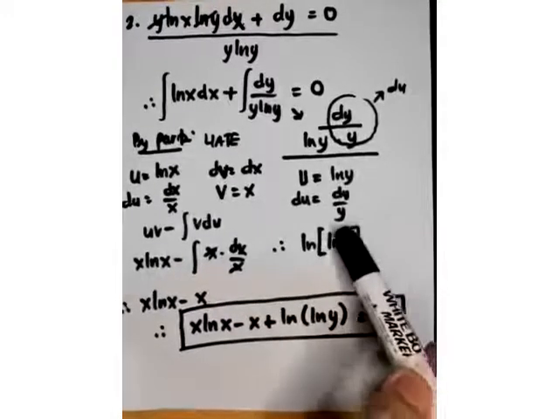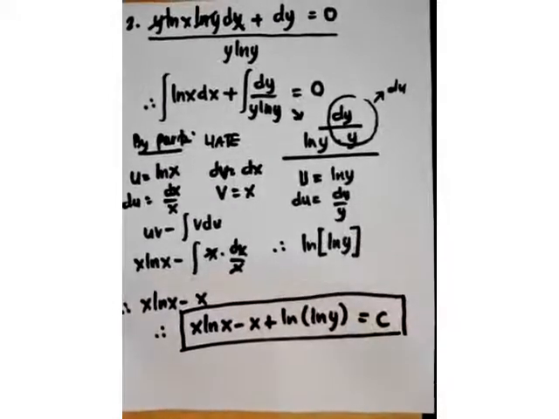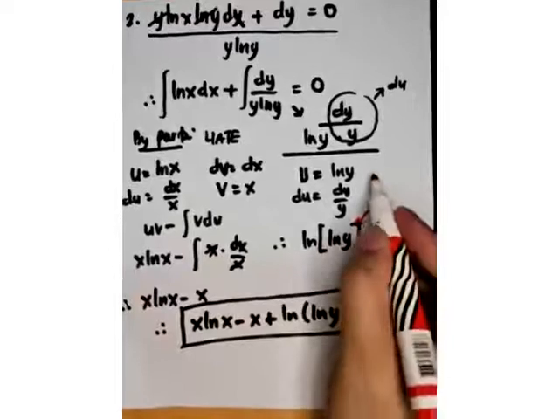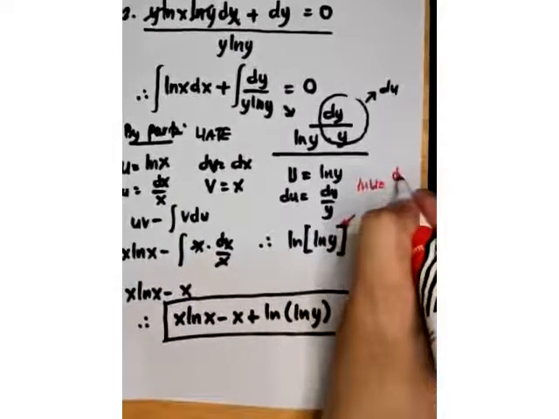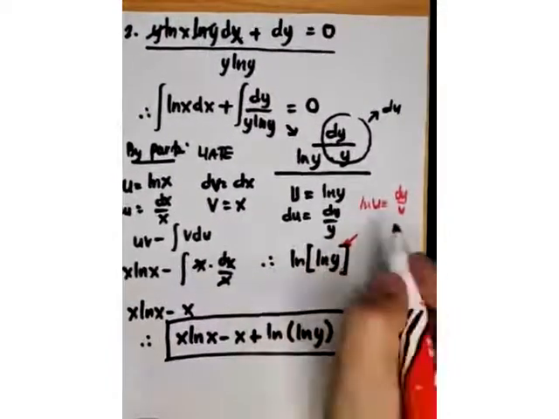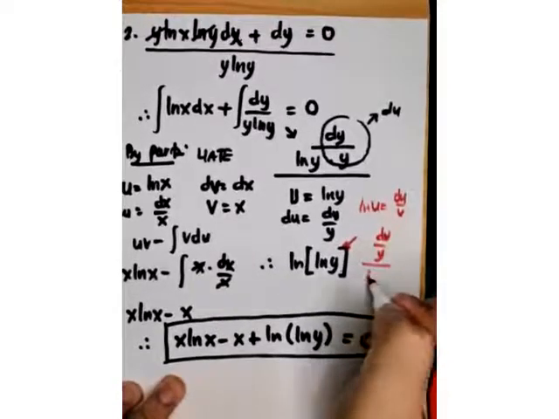Kung i-derive natin to, yun yung dy over y all over. Diba, kung i-derive natin ito, ano bang formula ng ln? So, ln of u, diba, is equal to du over u. Yan. So, ano yung ln of y? Anong derivative ng ln of y? So, that is dy over y all over ln of y.